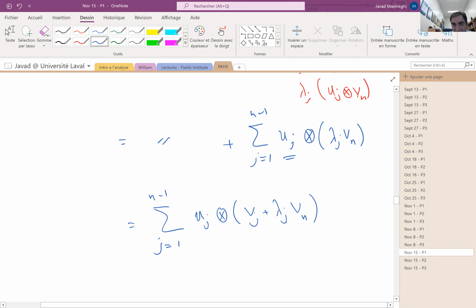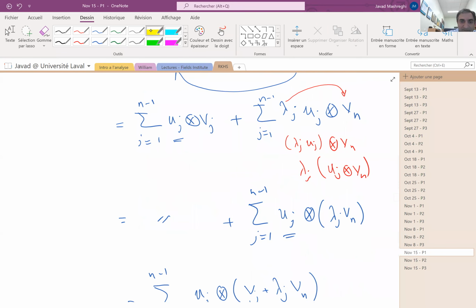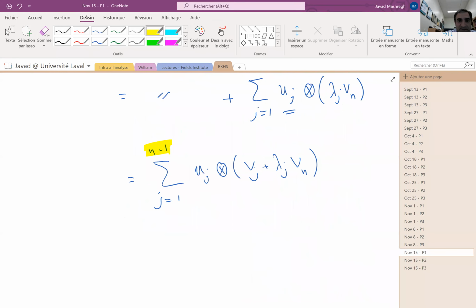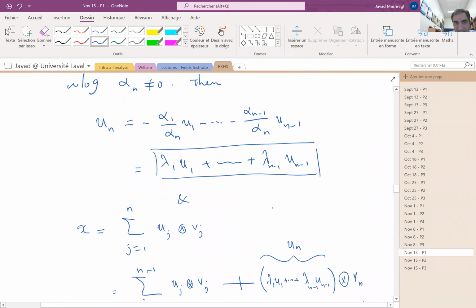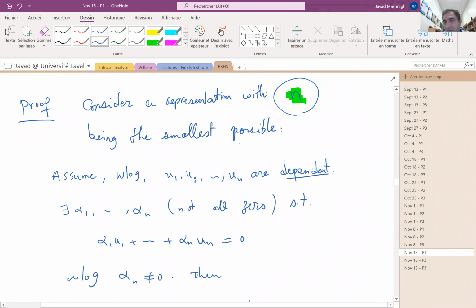That's another representation for X, but this representation has n minus 1 terms. And this is a contradiction, because at the beginning we assumed that n is the minimum, the smallest possible among all representations.